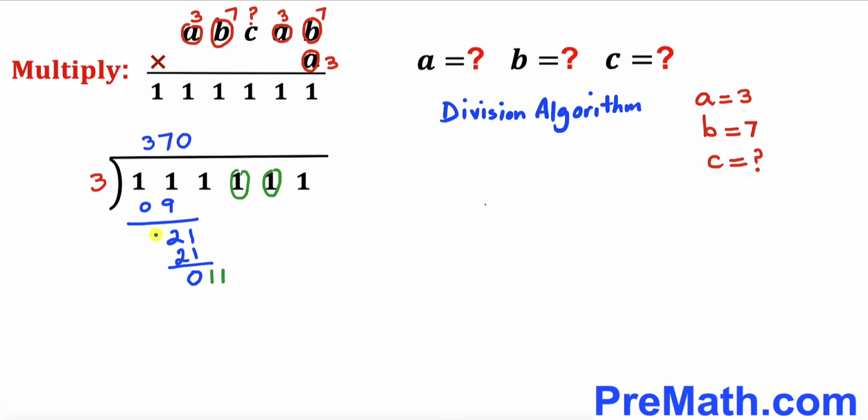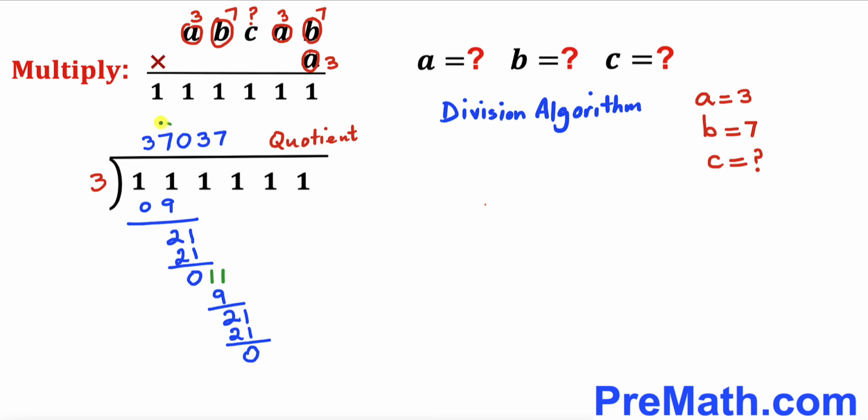Now we divide 3 into 11, so we put 3 over here. 3 times 3 is 9, and our remainder is 2. Now I bring this 1 down, and finally we divide 3 into 21. 3 times 7 gives us 21, and our remainder is indeed 0.